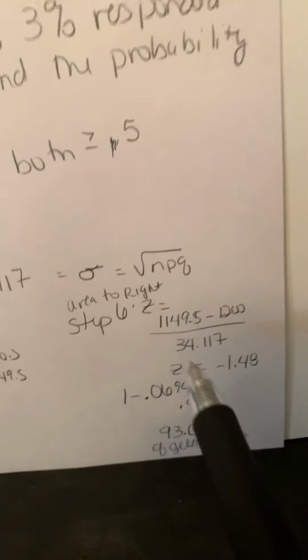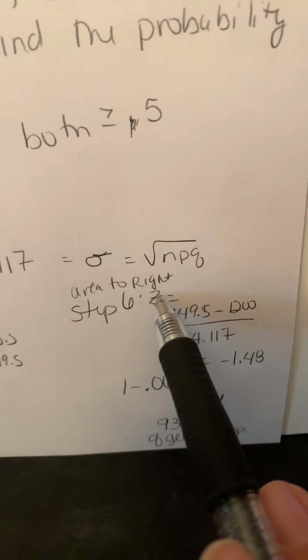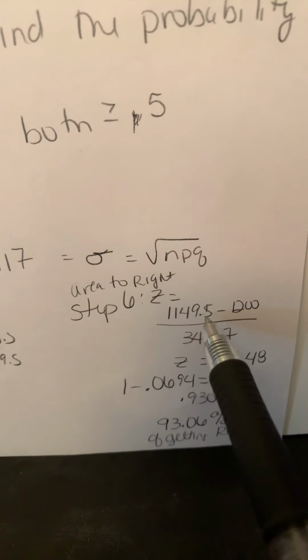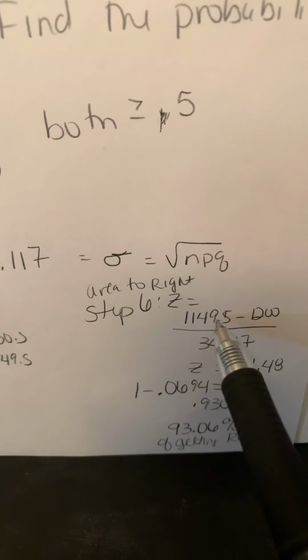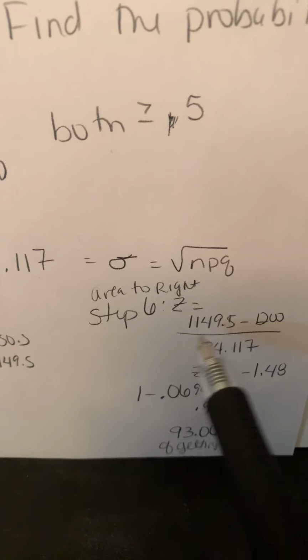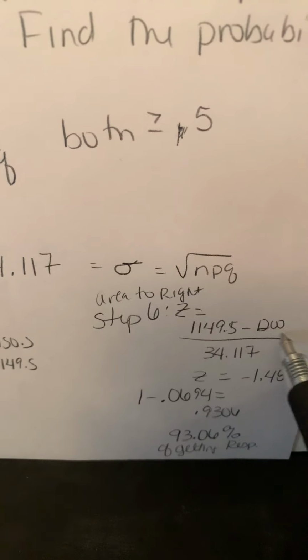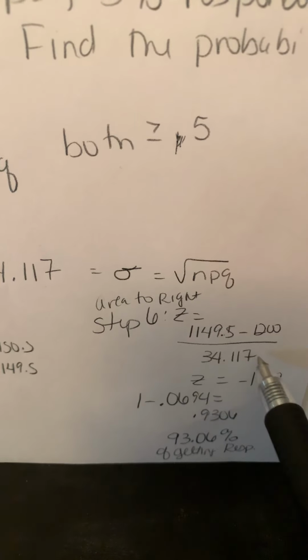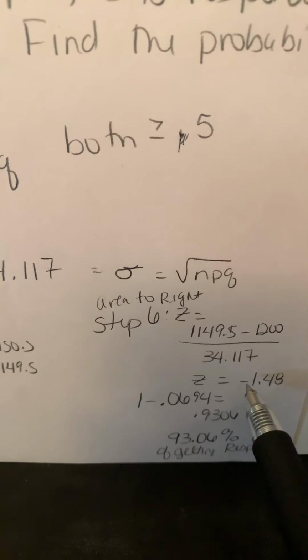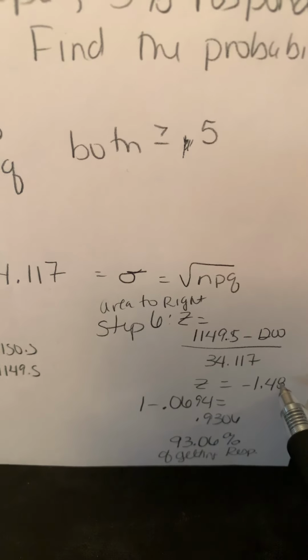So I come over here and I'm finding my z-score. My x was the 1,149.5. Now, if I was finding less than that, I would use 1,150.5. But I'm finding more than that. Minus the 1,200, divided by my standard deviation. I get my z-score of negative 1.48. I go to my z-score sheet.